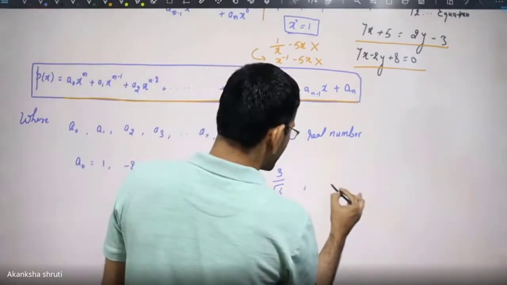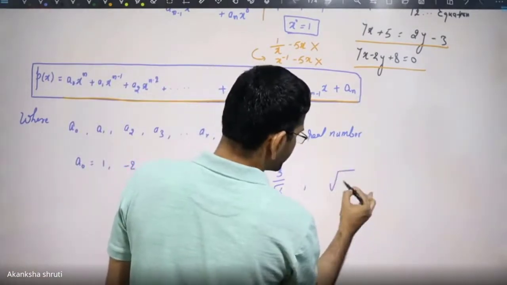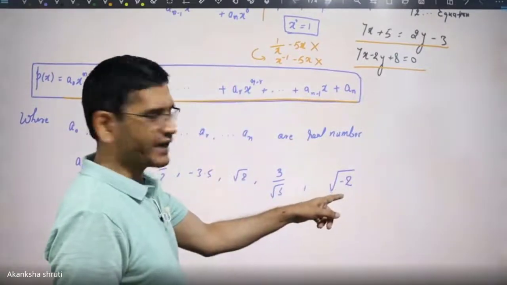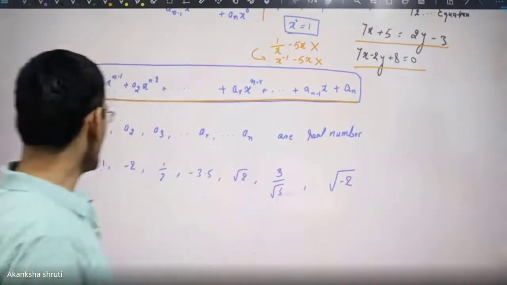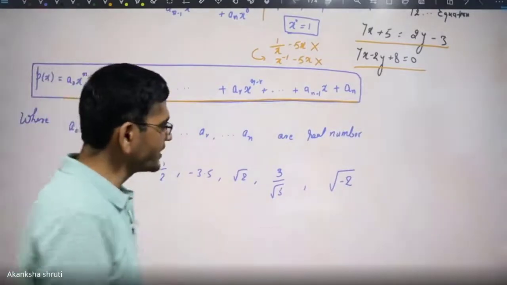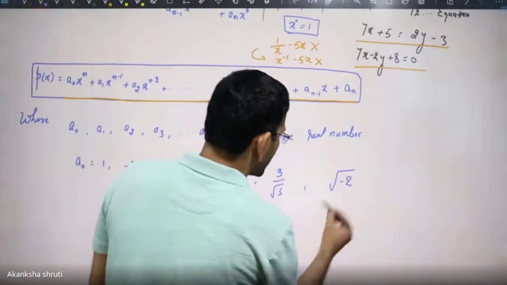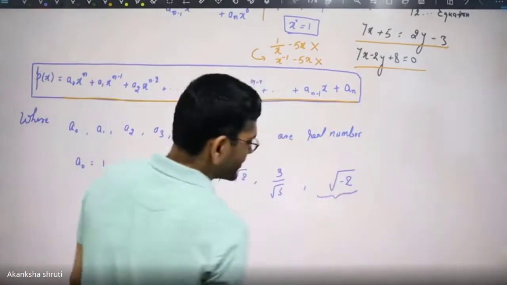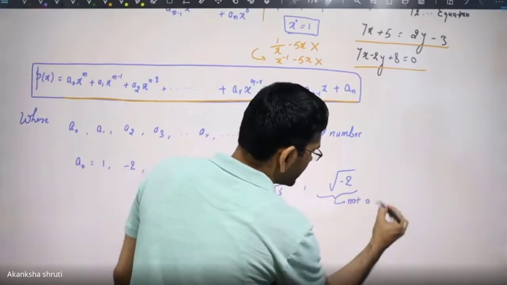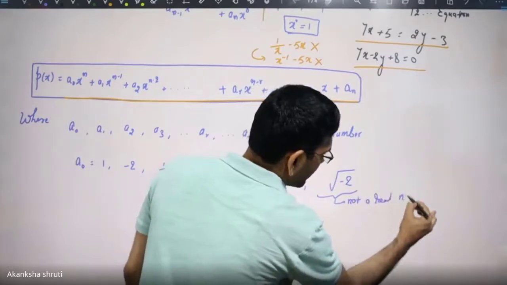But can I take this under root of, say, minus 2? This is not possible. Why? In chapter 1 we have learned the real number classification, that these are the real numbers, and this is a non-real number. So right here, it is not a real number.